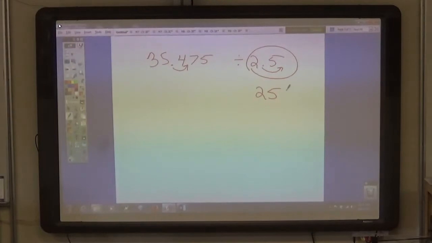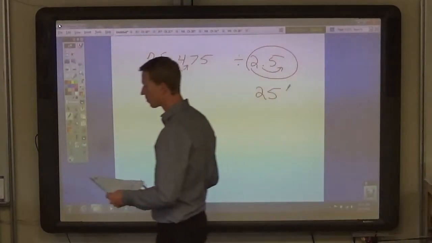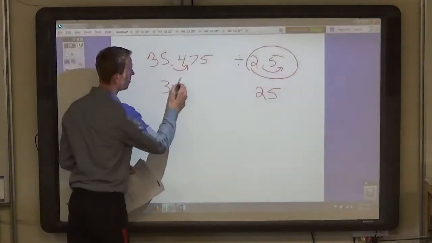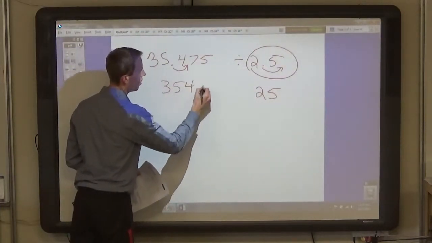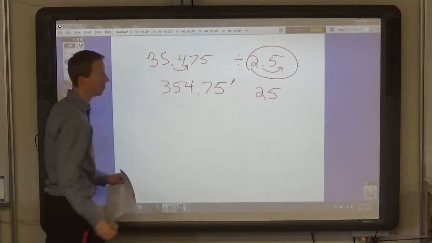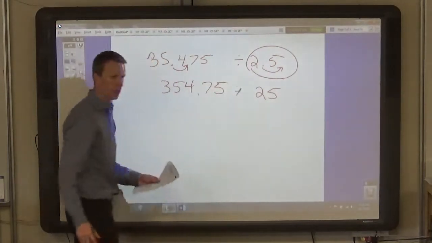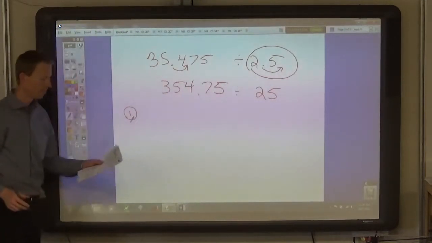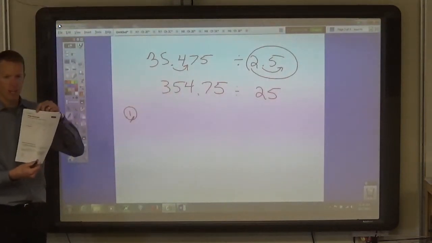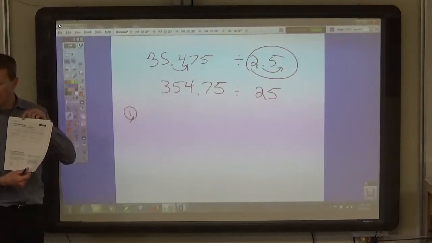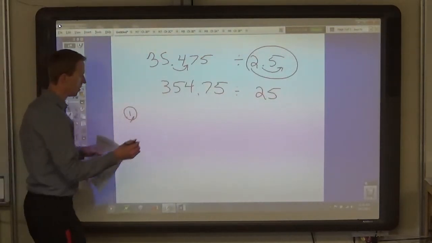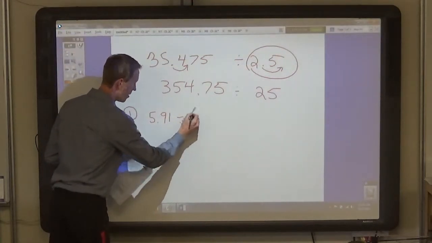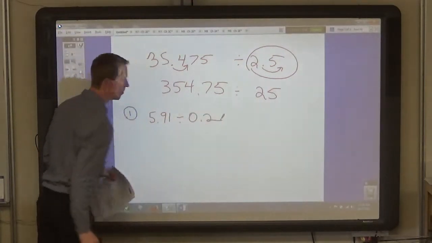So that's the first step on your worksheet, is to rewrite these with the new number. Okay? Like number 1, divide with decimals. 5.91 divided by 0.2.